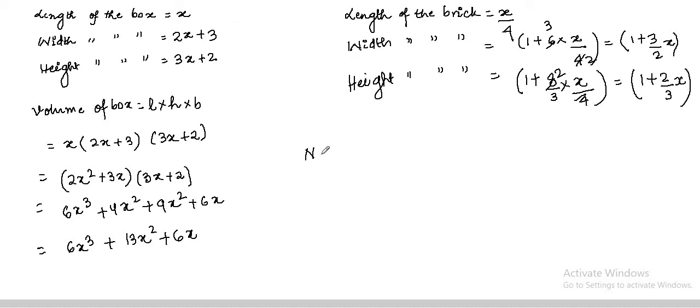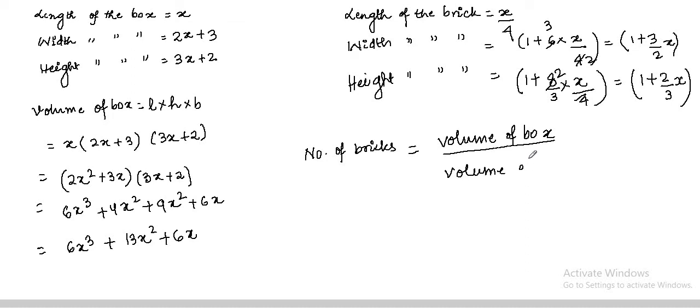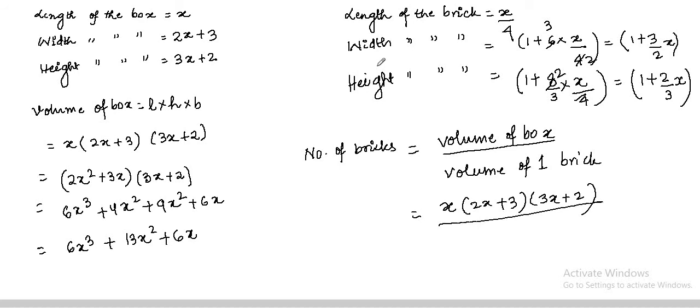Now to find the number of bricks, this will be equal to the volume of the box divided by the volume of one brick. The volume of the box is x into 2x plus 3 into 3x plus 2, and the volume of one brick is x by 4 into 1 plus 3 by 2x into 1 plus 2 by 3x.